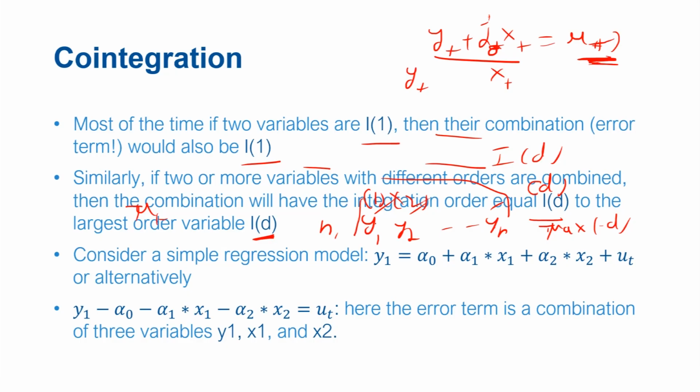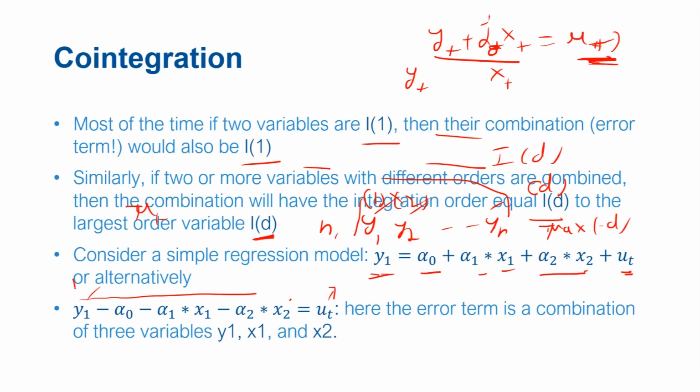For example, let's take variables y1, x1, x2 and think of a model like this: y1 equals alpha naught plus alpha 1 x1 plus alpha 2 x2 plus this error term. I can express mu t alternatively as a combination of these three variables, y1, x1, x2. Then whatever the orders of integration of y1, x1, x2, mu t's order of integration will be the same as the maximum order of integration across these three processes.